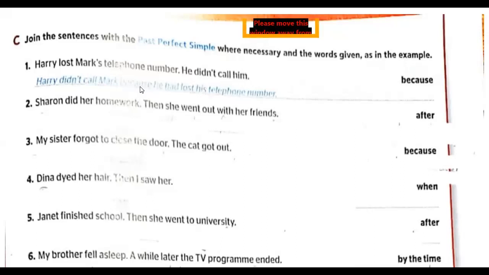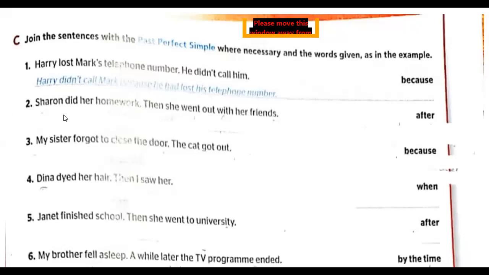Here because is followed by past simple or past perfect? Action number 1 or action number 2? Past perfect, because the reason happened first. I lose my wallet first and then I cannot buy anything. I can't buy anything because I had lost my wallet.